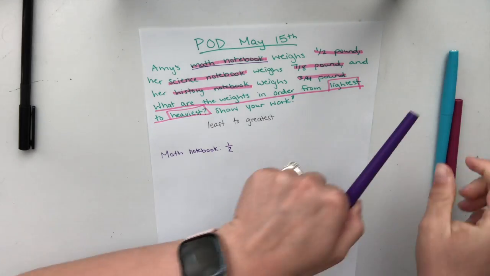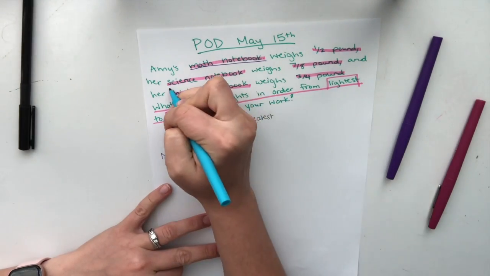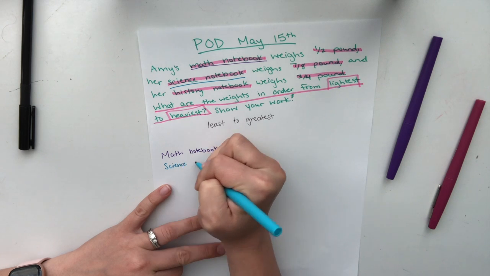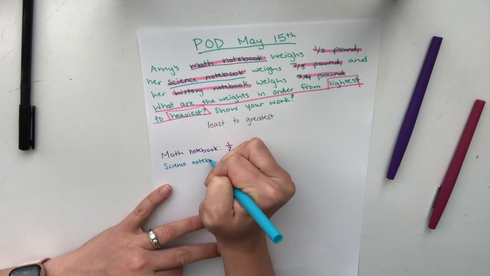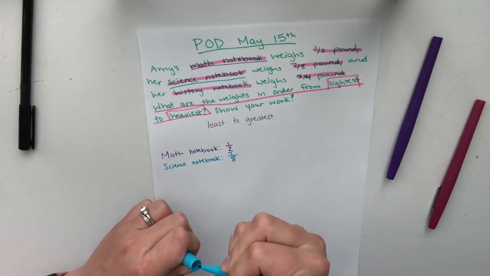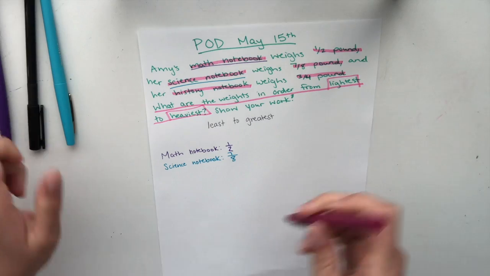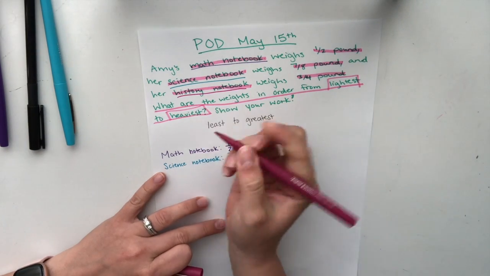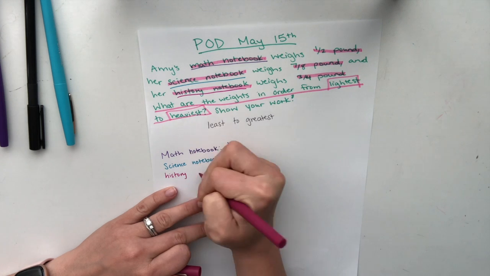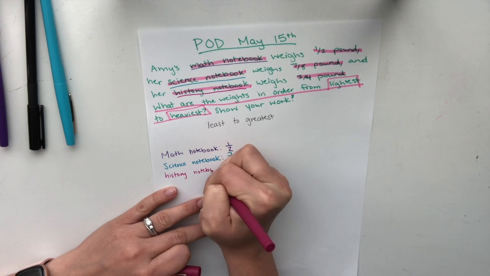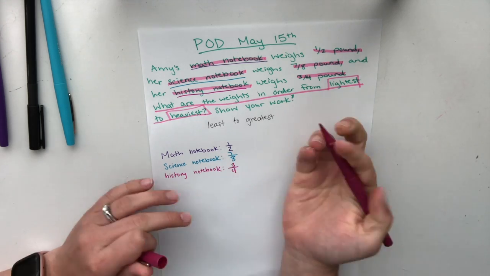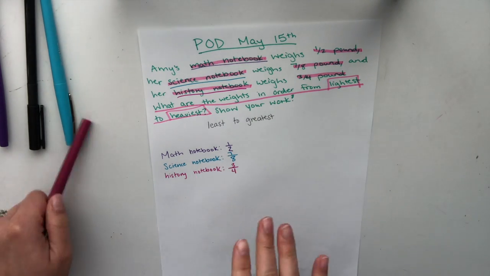I'll take my science notebook, which will be blue, and my science notebook weighs 7/8 pound. And then last but not least, I have my history notebook, which I'm going to make pink, and my history notebook is 3/4 pound. Okay, so that's my little key to help me out.